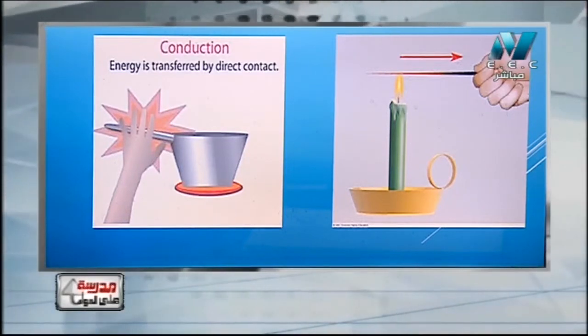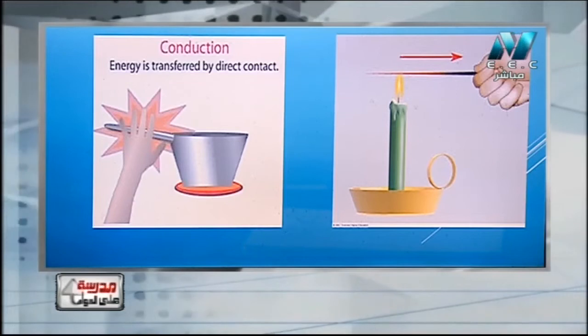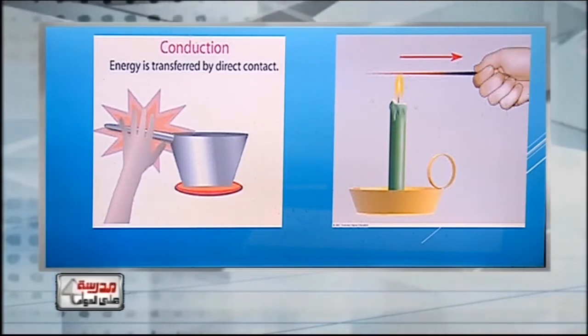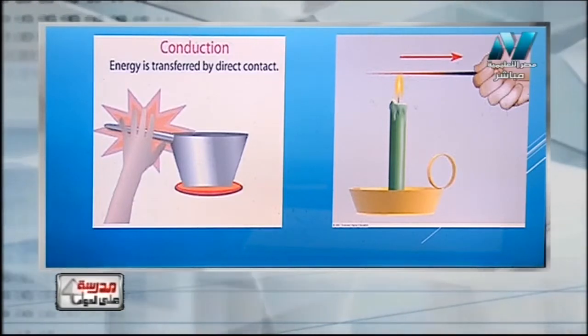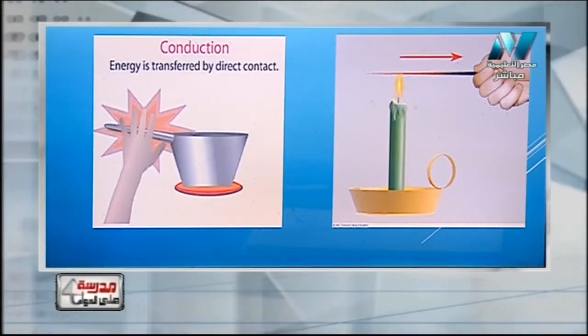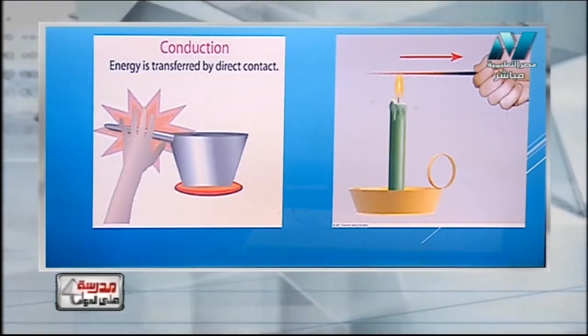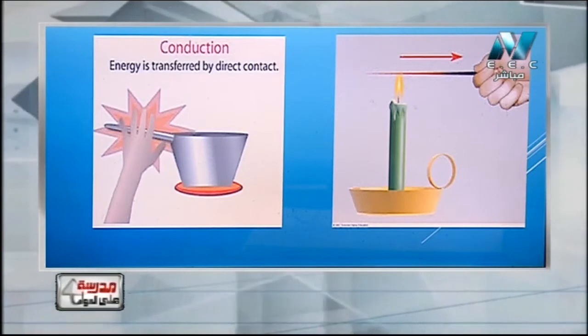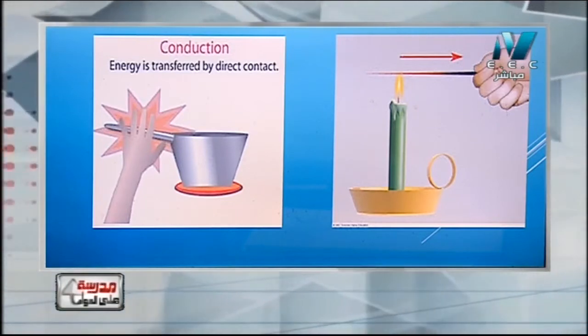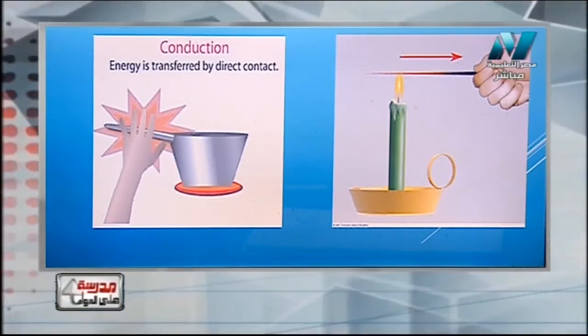And in the other picture, when this hand caught the handle that is made of aluminium, she touches it, it's hot. She felt it's hot because heat transfers from the higher temperature part to the lower one.